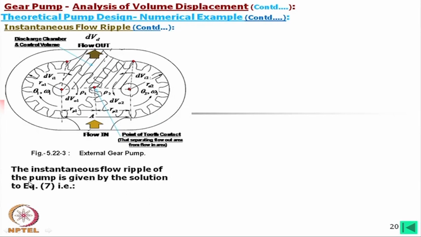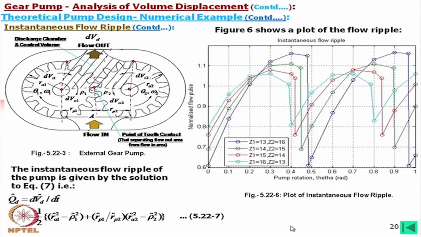The instantaneous flow ripple of the pump is given by the solution of equation 7, that is these equations, and then we find that this is the flow ripple for different combinations of teeth. And this angle you can directly calculate by 2 pi divided by the number of teeth of the drive gear, so Z1.